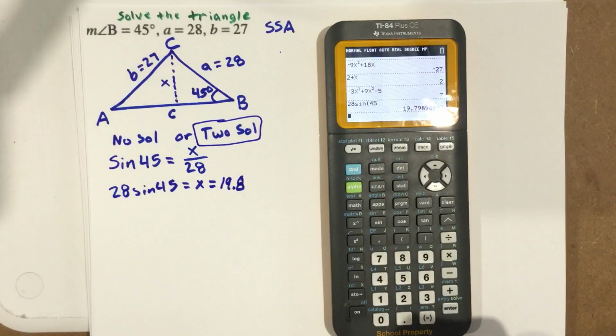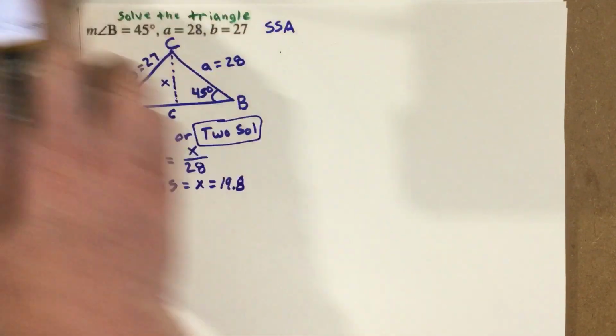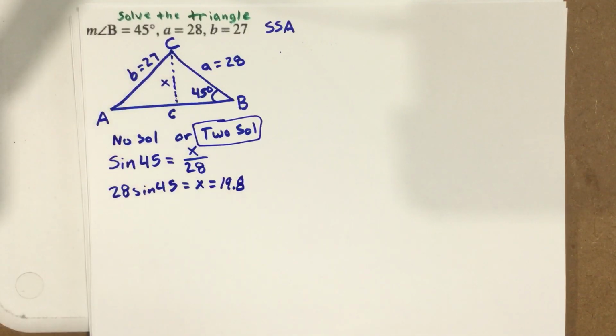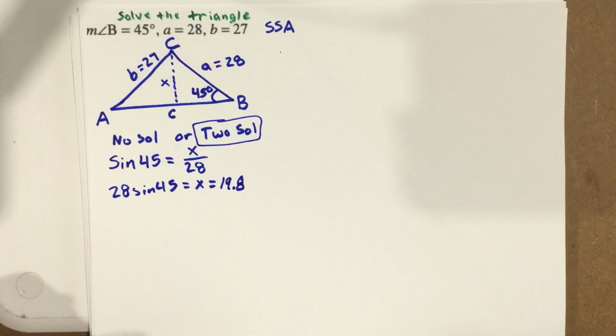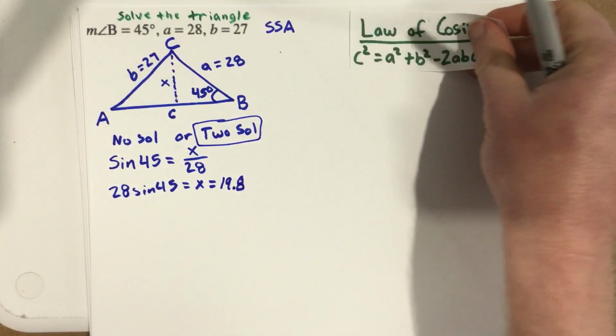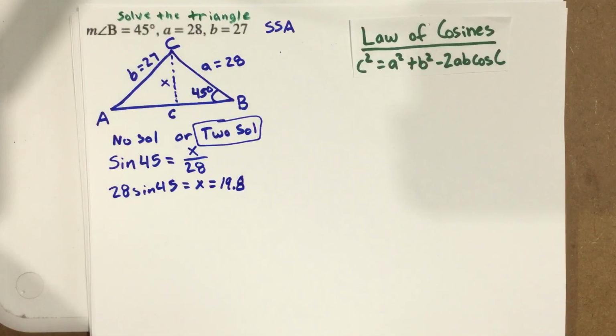So now that we know that we have a 2-solution problem, our first step is to find one of the angles. We're going to use law of sines here, and anytime we have SSA, we're going to use law of sines. We can see that if I compare the law of cosines with the law of sines formula.